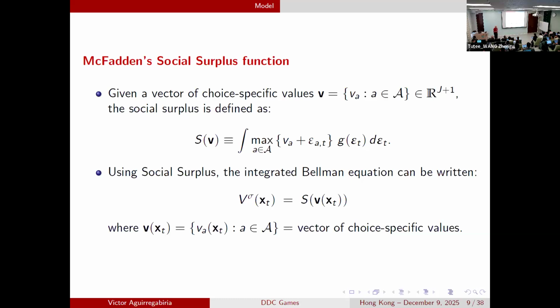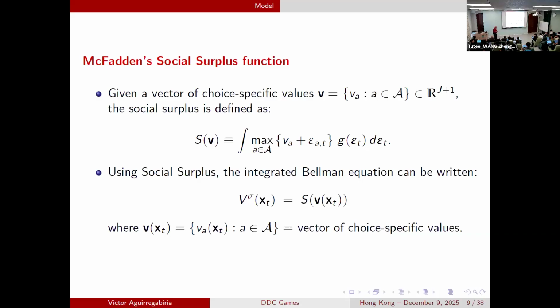Suppose that the total utility is a random utility model that incorporates also this epsilon. Then this McFadden social surplus function is a function of this vector of deterministic utilities, that is obtained as the expected value of the maximum, where the expectation is taken over the distribution.